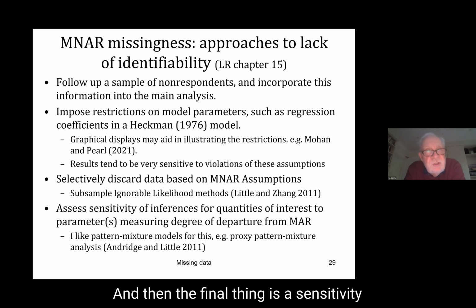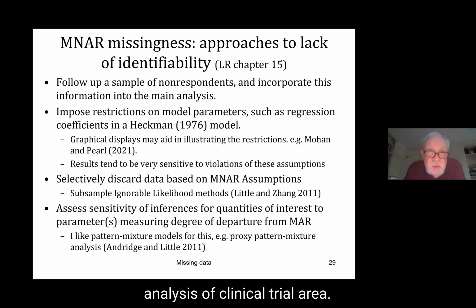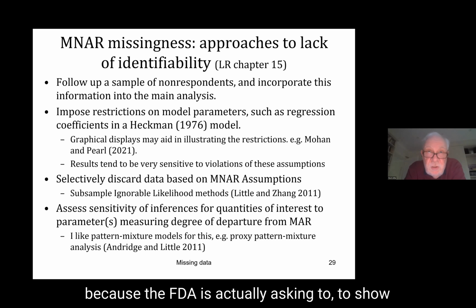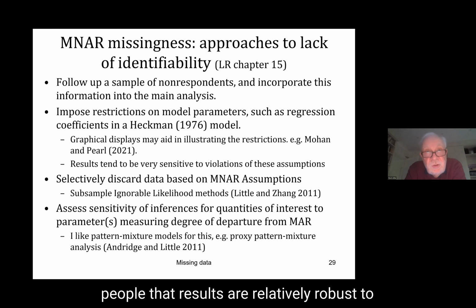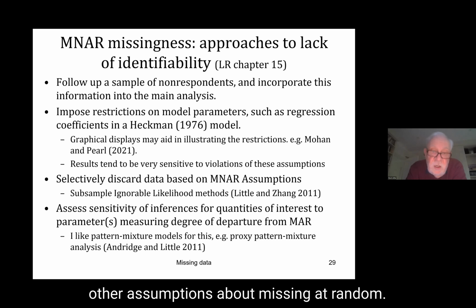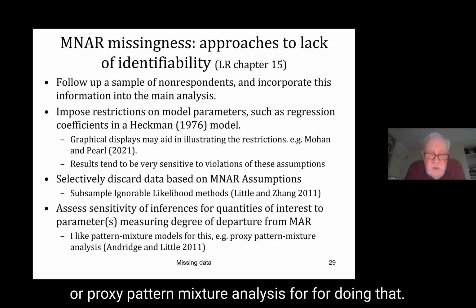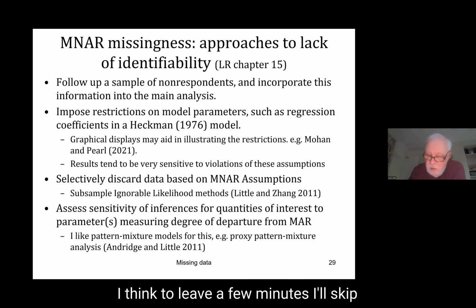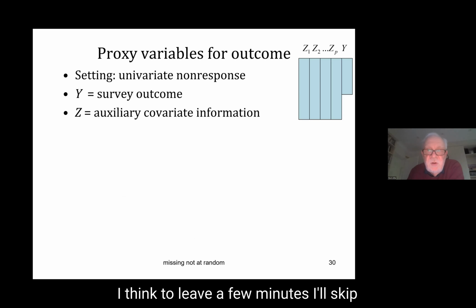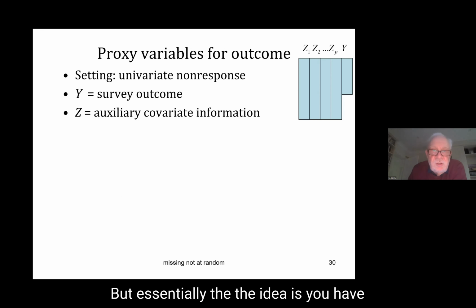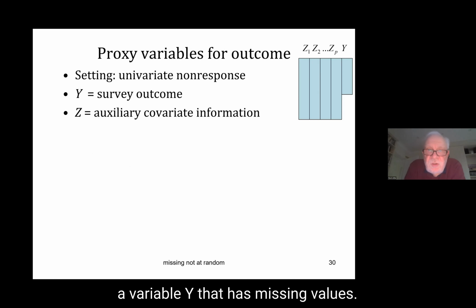And then the final thing is sensitivity analysis, from the clinical trial area. This is now becoming quite common, in fact, because the FDA is asking people to show that results are relatively robust to other assumptions about missing at random. And I like something called pattern mixture model or proxy pattern mixture analysis for doing that. To leave a few minutes, I'll skip over the details of this method, but essentially the idea is you have a variable Y that has missing values.